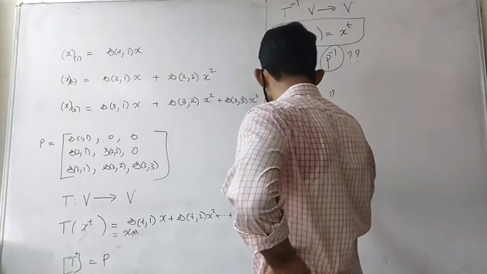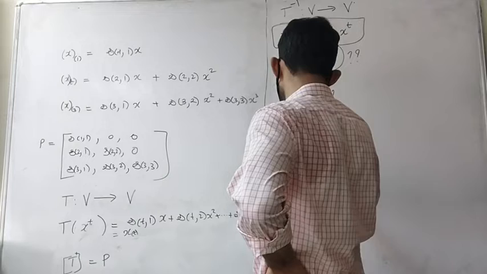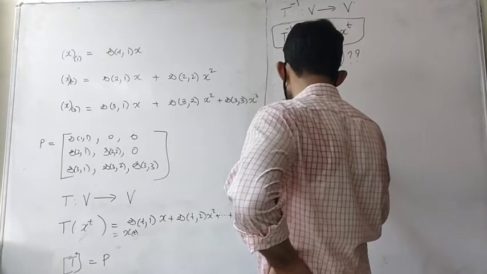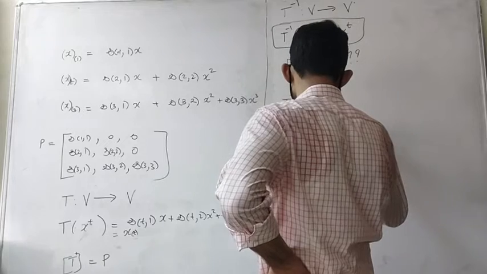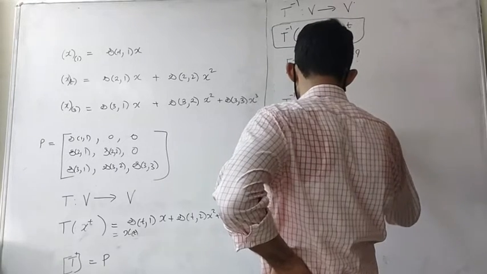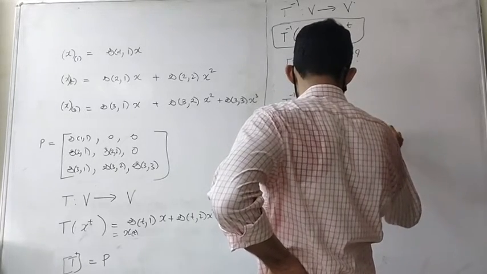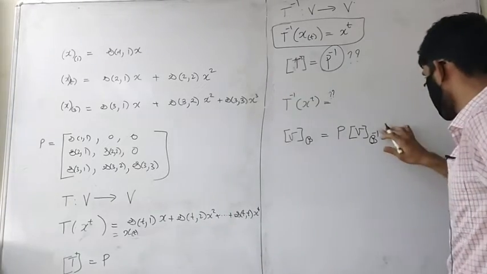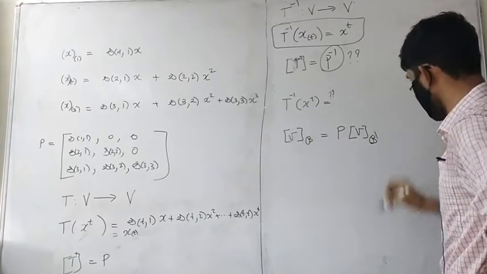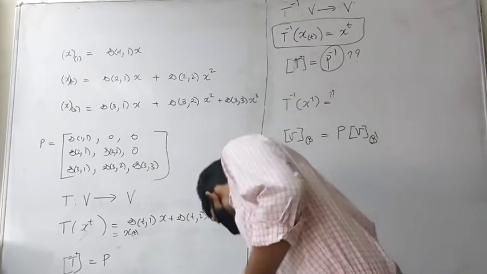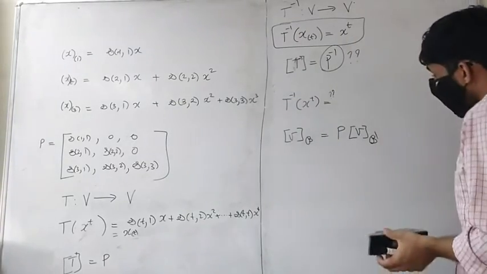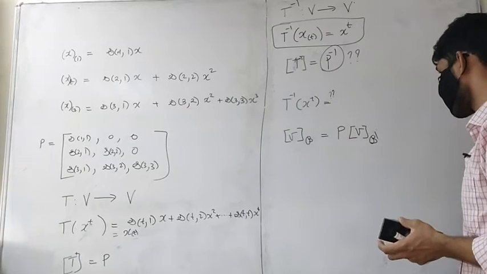A vector represented with respect to the first basis is nothing but P times the vector with respect to the other basis, B prime. Okay, that's another way.